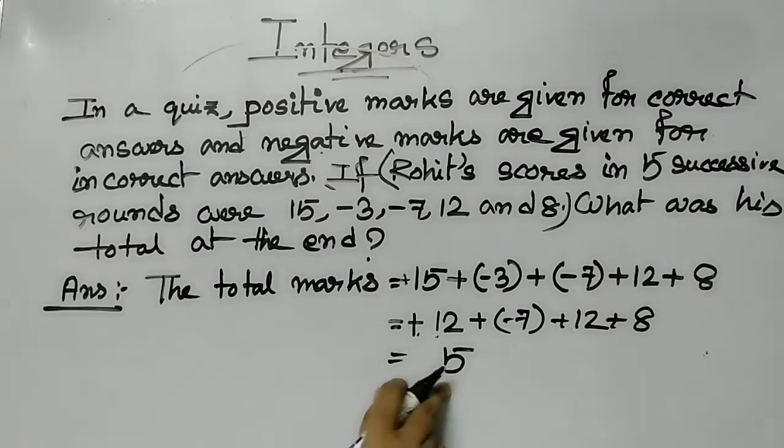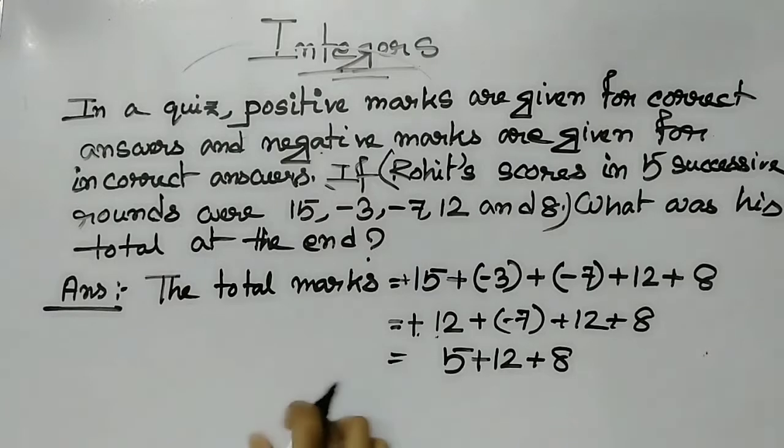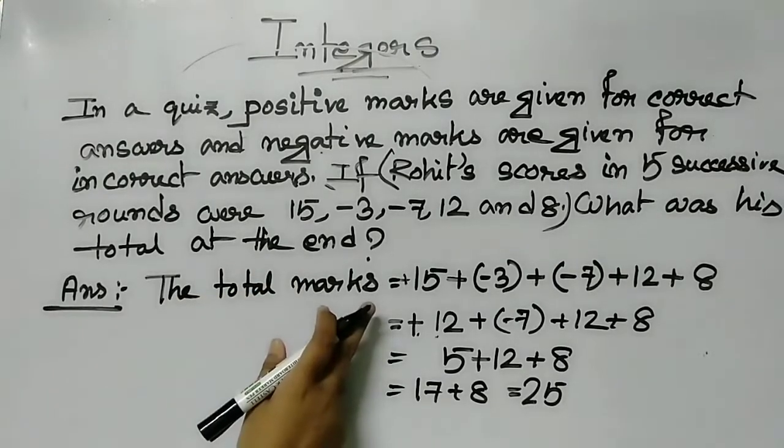So we have to write 5, or you can write plus 5. Next, plus 12 plus 8. Now this addition is very easy for you. 5 plus 12, 17 plus 8. Next, 17 plus 8 means 25.